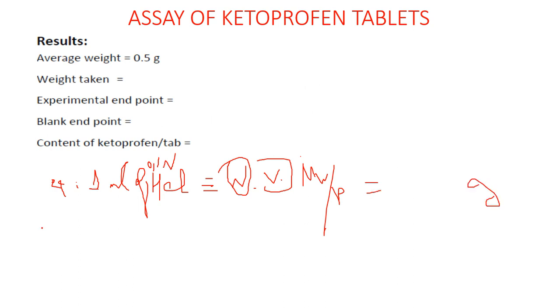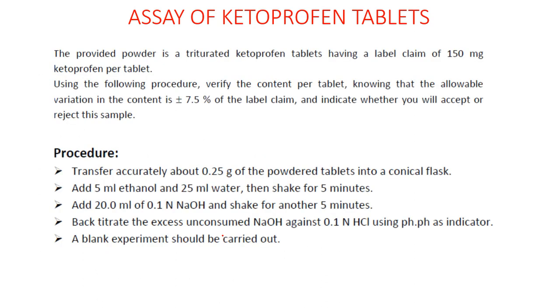Content per tablet. Content per what? Tablet. Because it is a back titration and it is not done experimentally but is a theoretical way, you are going to use 20 milliliter as a blank, because 20 milliliter of 0.1 normal sodium hydroxide should take what? 20 milliliter of 0.1 normal HCl, because they are primary standards.